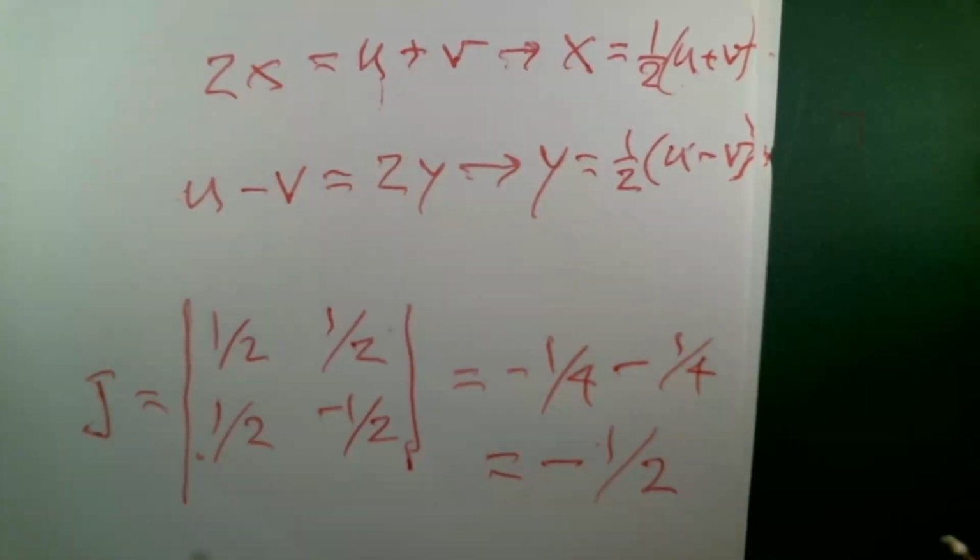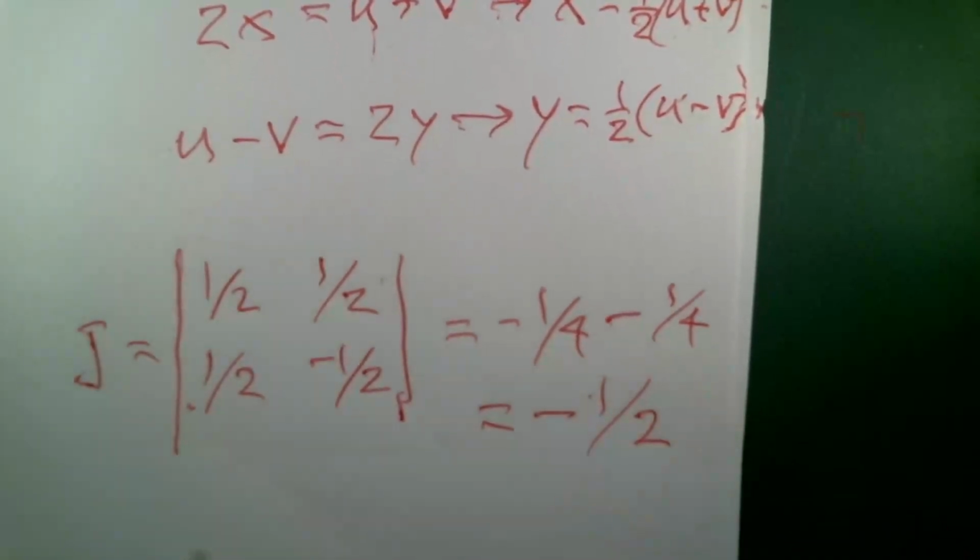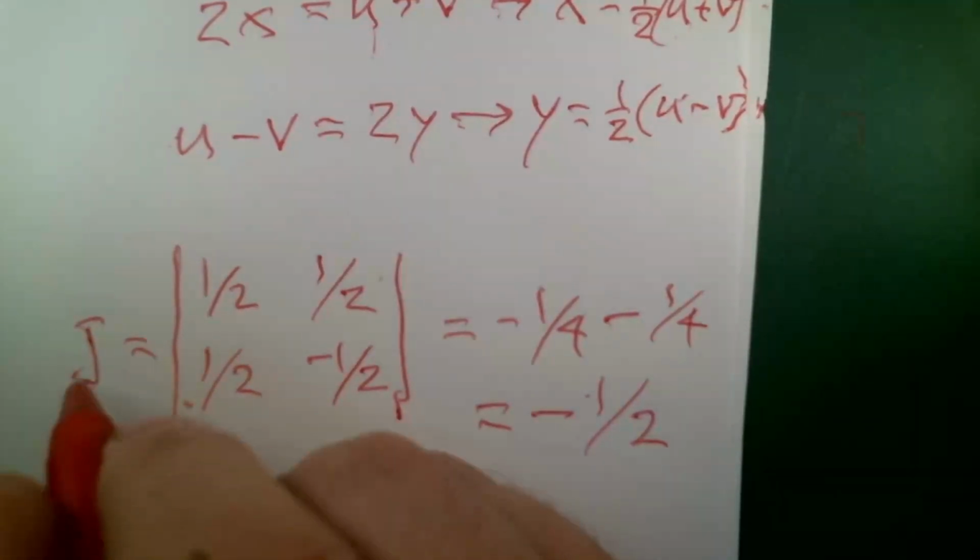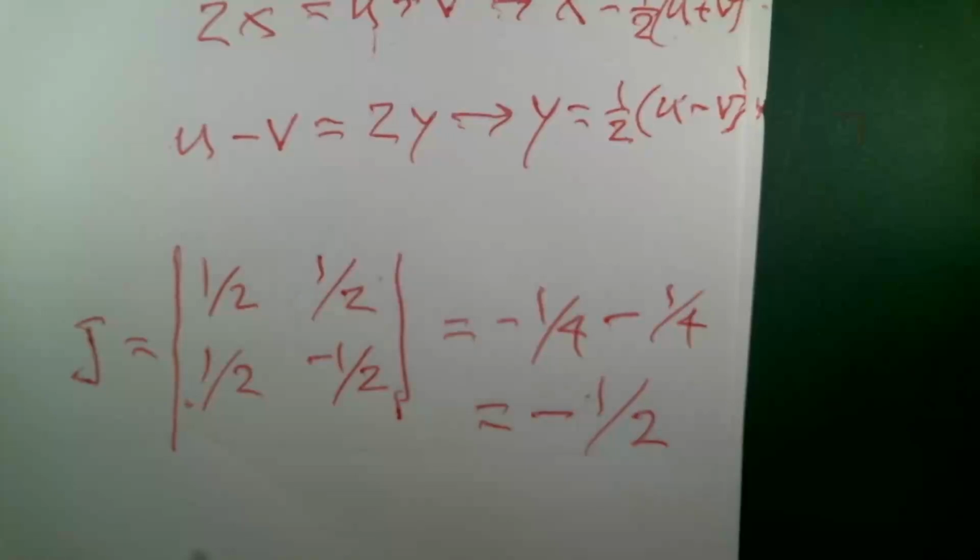There's a little funny business going on here that it came out negative, which is actually just telling me that if I do the area thing in the UV plane, I'm going to get negative area, and when I move it to the XY plane, it'll turn positive. But most of the time, people just say, take the absolute value. You know, area is always a positive number, so don't worry about it. So you can take J to just be the absolute value of that. So it's 1/2.